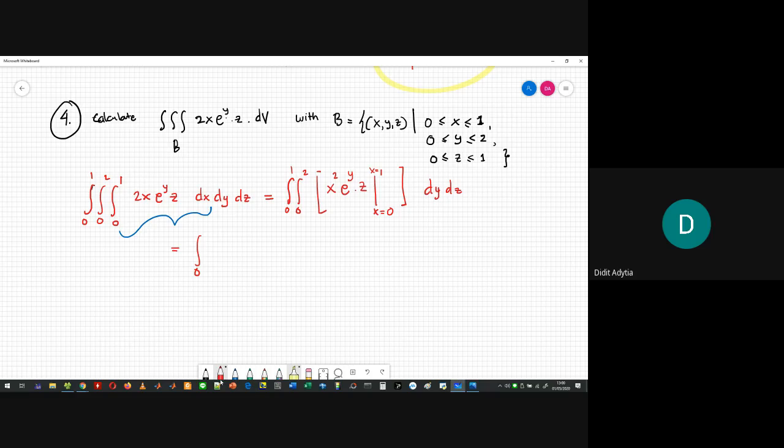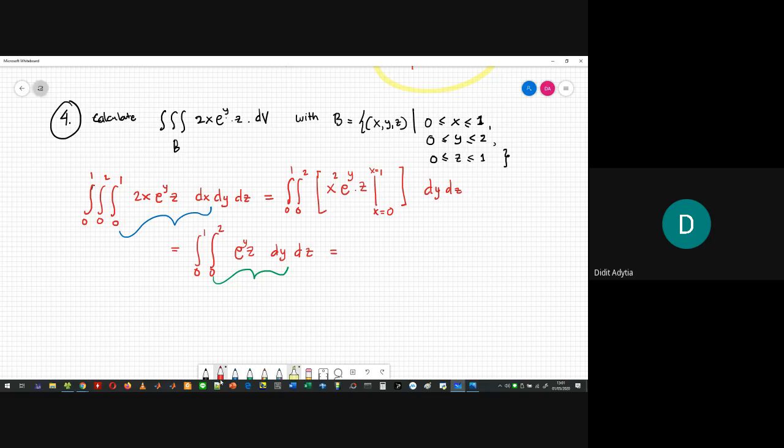Okay, rewrite again the integral 0 to 2, and then this one. I replace x with 1. What do we have? Just simple functions, and then this one is dy dz. Now I will calculate the integral with respect to y.